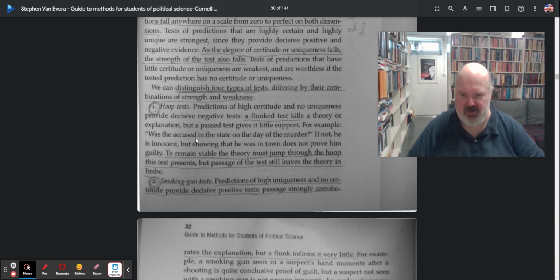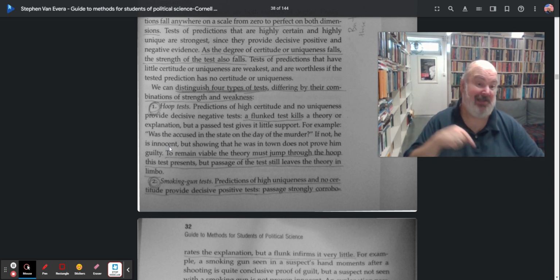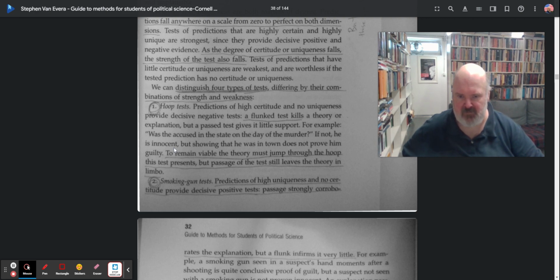For example, was the accused in the state on the day of the murder? If not, he's innocent. Well, there are others. Maybe he had someone else kill him. But we know that he was not in the state at the time of the murder, so he could not have done it, right? If not, he is innocent. But showing that he was in town does not prove that he's guilty, right?